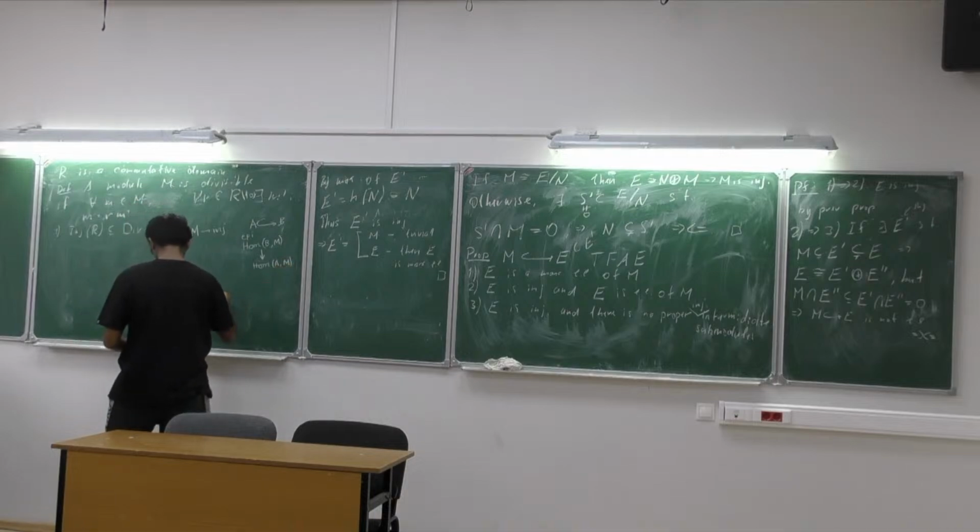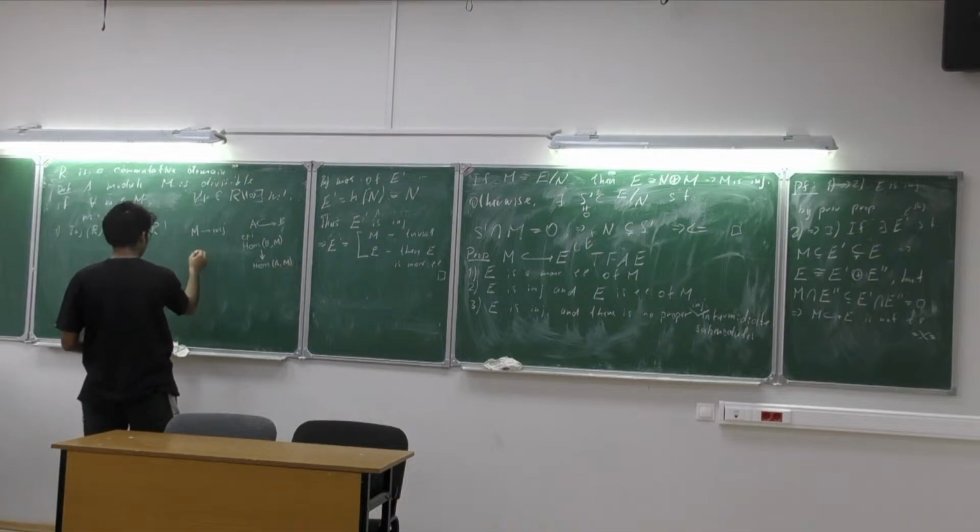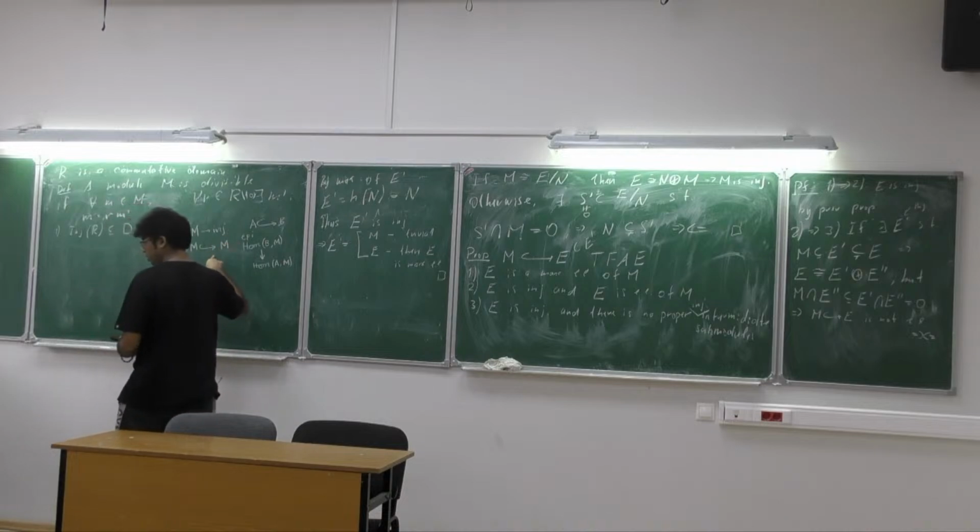Now I am having a map r from RM to M. So this is an injective map.